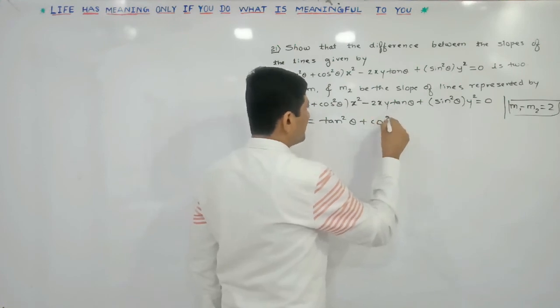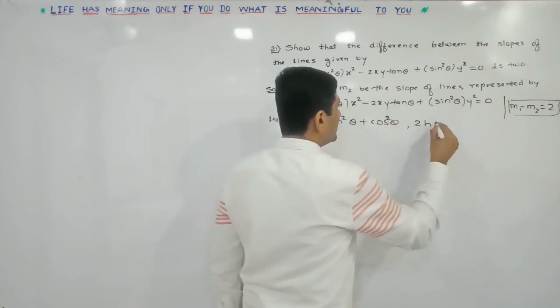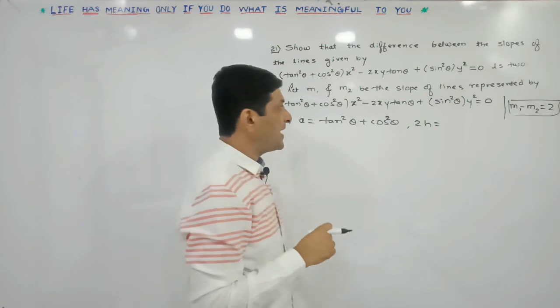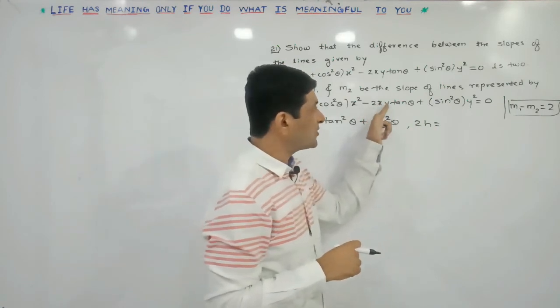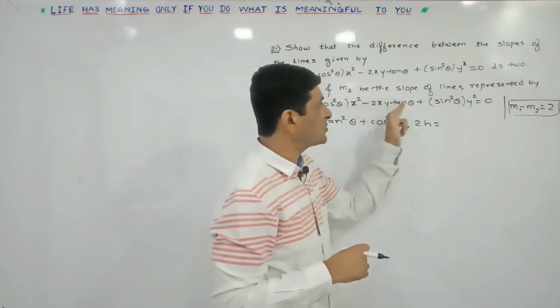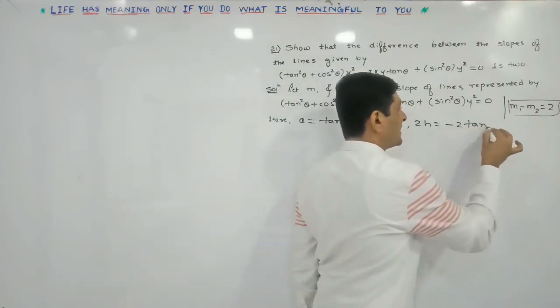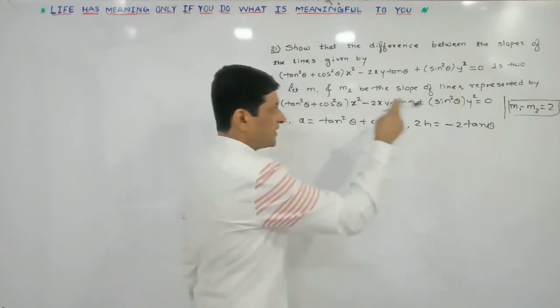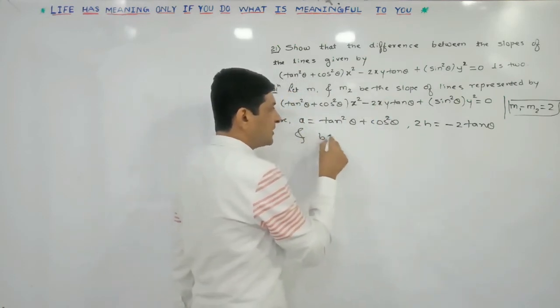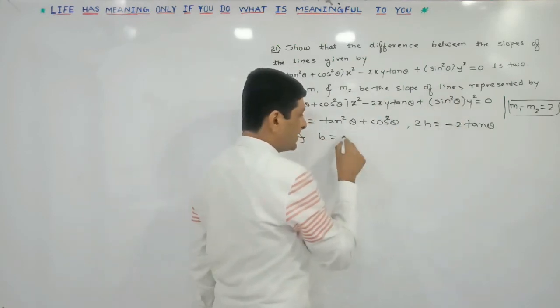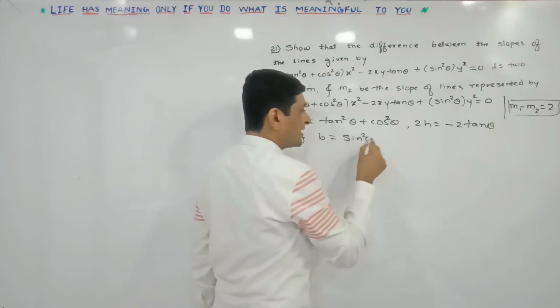Now 2h means the coefficient of xy, which is minus 2 tan theta. Lastly, b means the coefficient of y square, which is sine square theta.